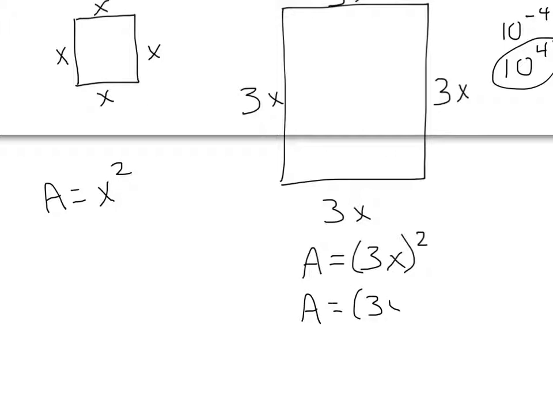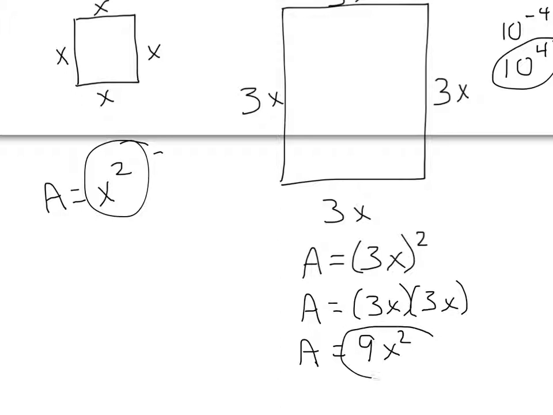So we have 3x times 3x, 9x squared. So if you triple the length of the side, what happens to the area? It's not tripled, it's 9 times as big. Triple the side, 9 times the area.